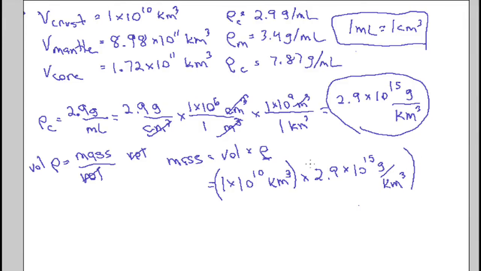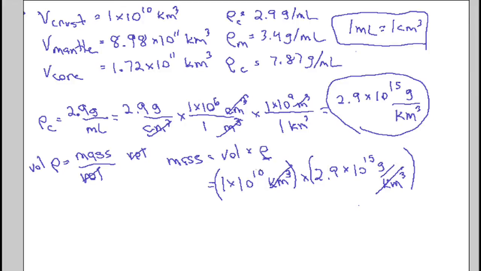And again, without worrying about the numbers, really, because it's the process here for now that's important, take a look at the units. We have kilometers cubed times grams over kilometers cubed, and our kilometers cubed will cancel out. And we end up with some very large number.